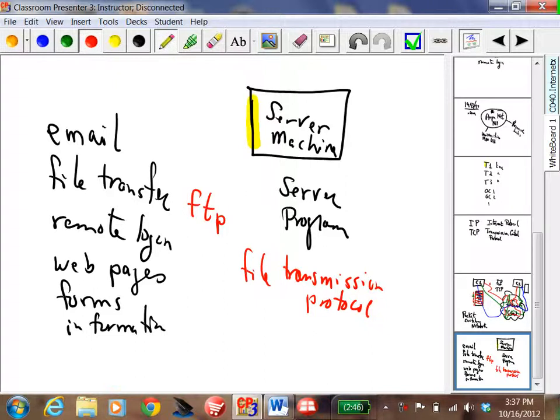The File Transmission Protocol is an old protocol, and in fact, we're about to get rid of it, okay, because it's not a real safe protocol. These older protocols are the less safe, okay.